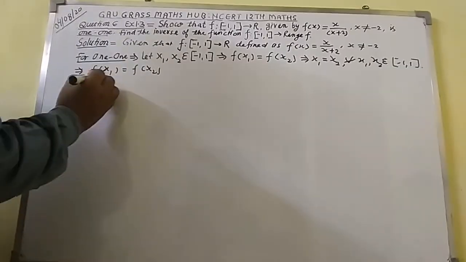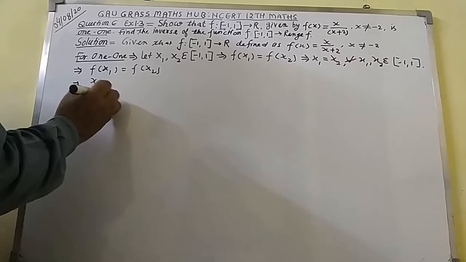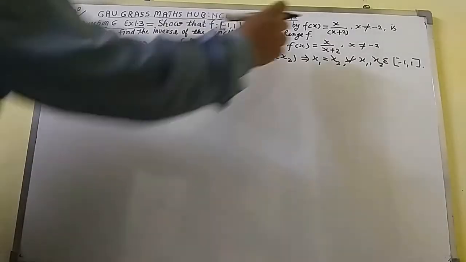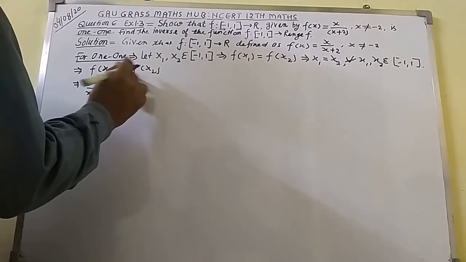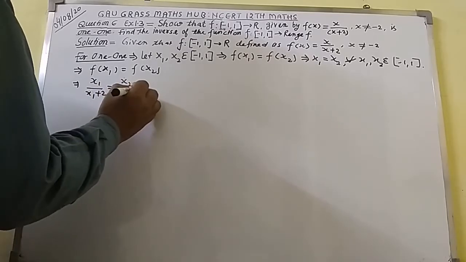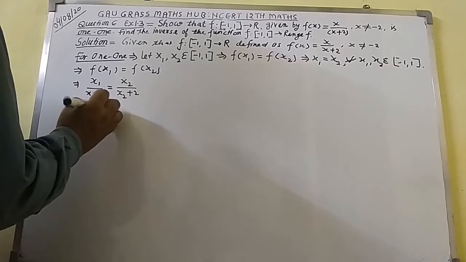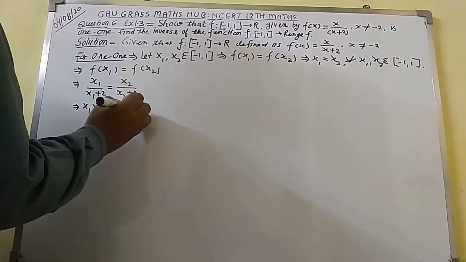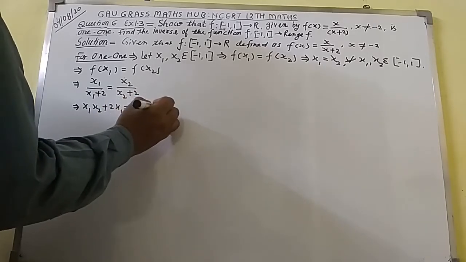It will become x1/(x1+2) equal to, in place of x I shall write x2, so x2/(x2+2). So this will become x1·x2 + 2x1 = x1·x2 + 2x2.